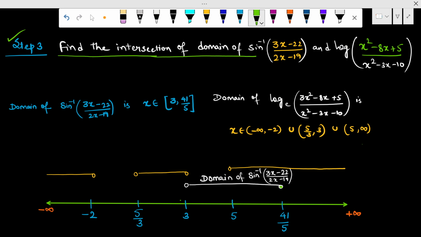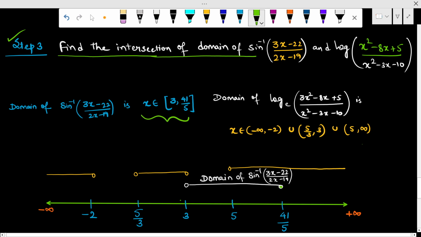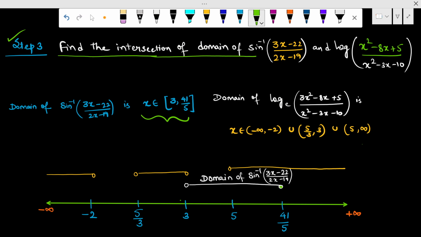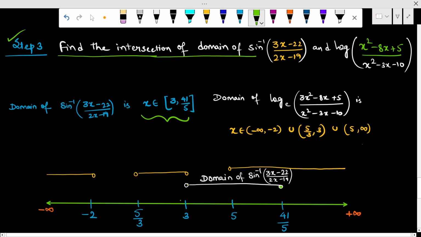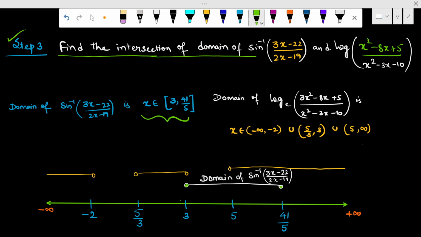So the domain of sine inverse of (3x minus 22) by (2x minus 19) is x belongs to 3 comma 41 by 5, right? This is 3 comma 41 by 5. 3 is shaded, right?